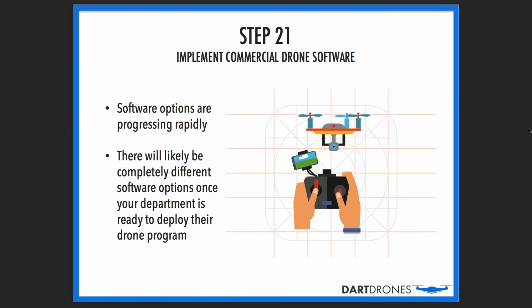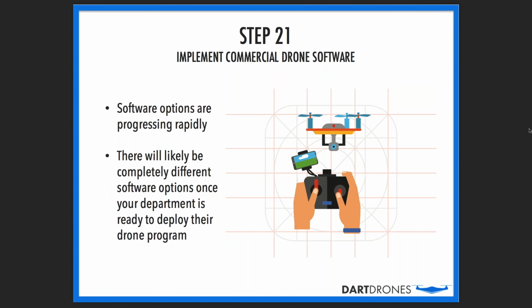Now, one thing to keep in mind, though, when you do start looking at some of this third-party software is that some of it is cloud-based processing. So you have to take your data and send it out to a company to be processed, especially within the mapping and modeling world. Obviously, for those of us in law enforcement, that can be a problem because now we're losing our chain of custody by getting that out to another area that we cannot control.